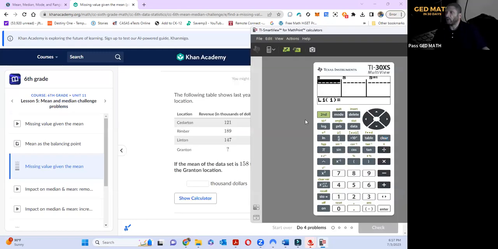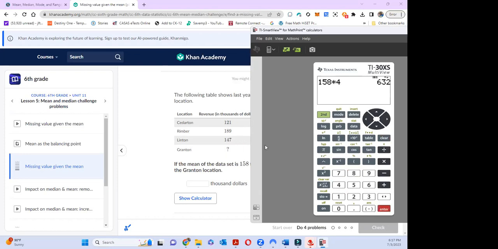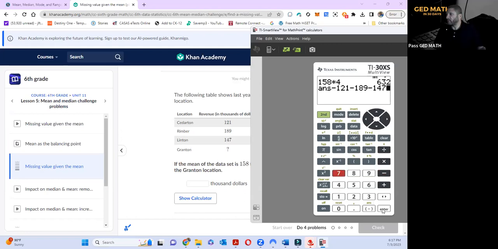So first of all, I know it's 4 locations. So 158, I'm given the mean. So 158 times 4, 632. Now, I can add them up, or I can just subtract them all. Minus 121, minus 189, minus 147. Enter. 175. Let's see if that's the correct answer.